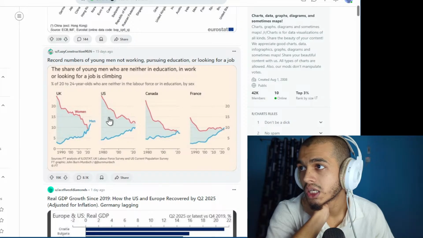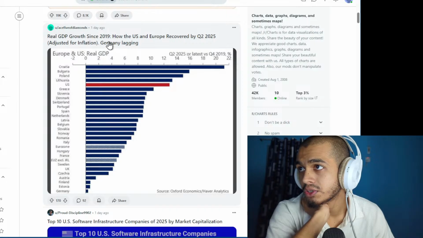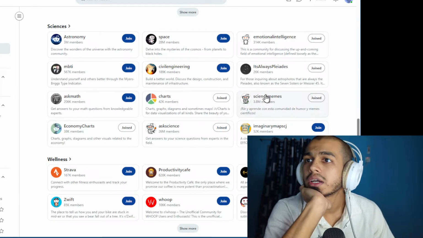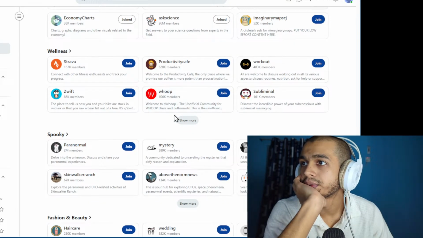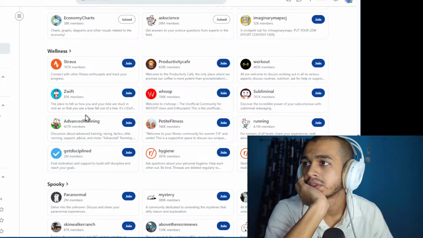UK, France, USA. Real GDP growth 2019, how has Europe recovered by Q2 2025. Okay, science memes is good maybe. Productive, sub animal, pet hygiene, dates, discipline, advanced running, workout, flexibility, running.